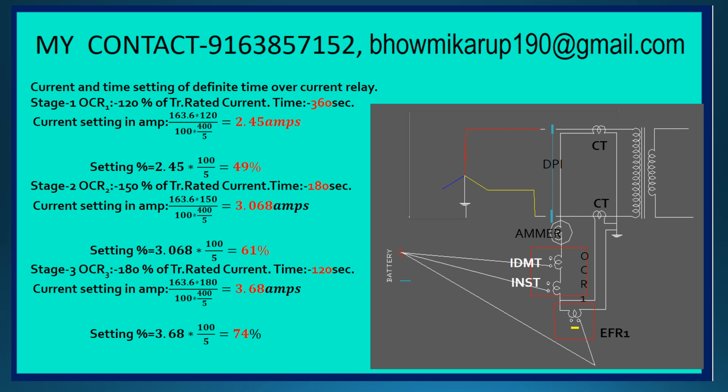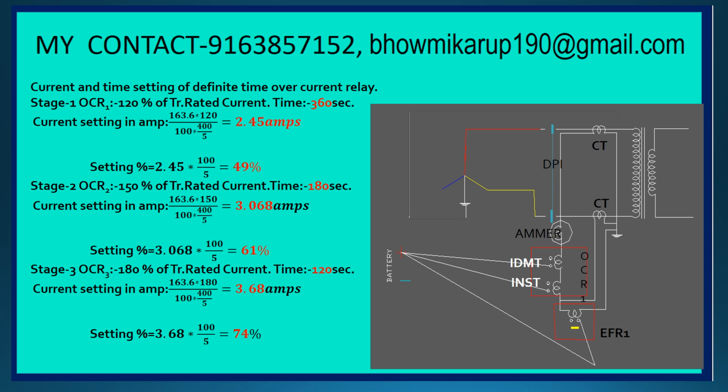In the same way, stage 2 OCR is set to 150% again, but it will trip after 180 seconds. Previously it was 360 seconds in stage 1, and it is 180 seconds, half of the 360.